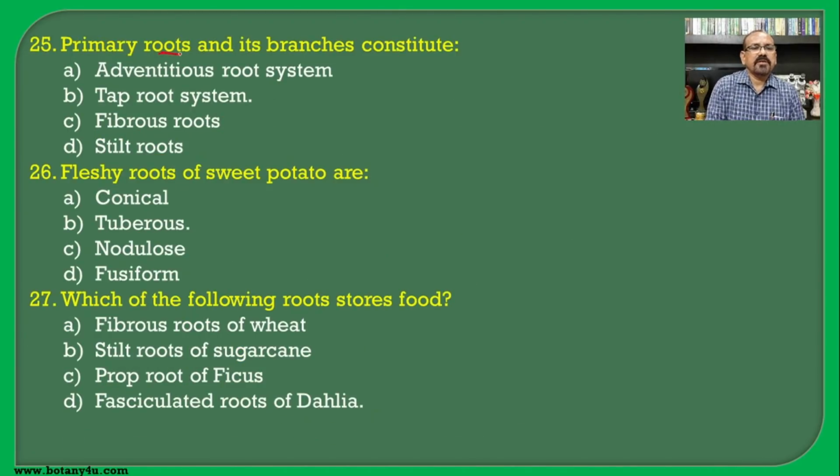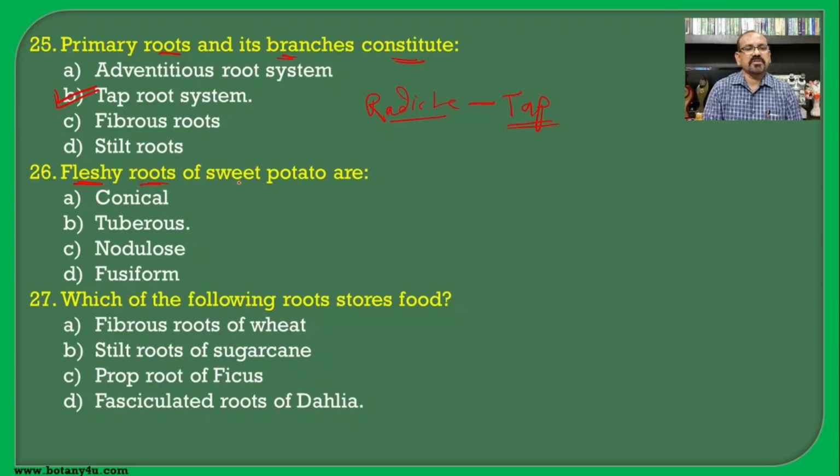Then primary roots and its branches constitute. The primary root is the root which develops from the radicle, and earlier we have seen that if the root develops from the radicle, then it is known as the taproot, and hence the taproot system is the primary root system which develops from the radicle and is found in dicots.